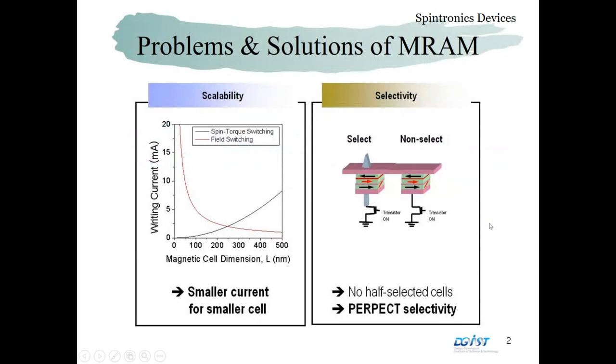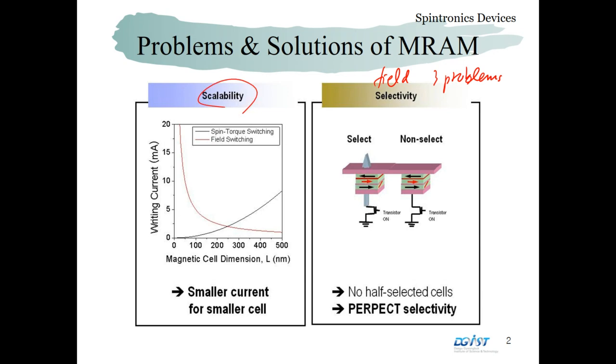Yeah, this slide I already showed you when I explained the field-driven MRAM, in other words, conventional MRAM. And this field-driven MRAM has many problems, actually 3 problems. That's why industry gave up developing field-driven MRAM.